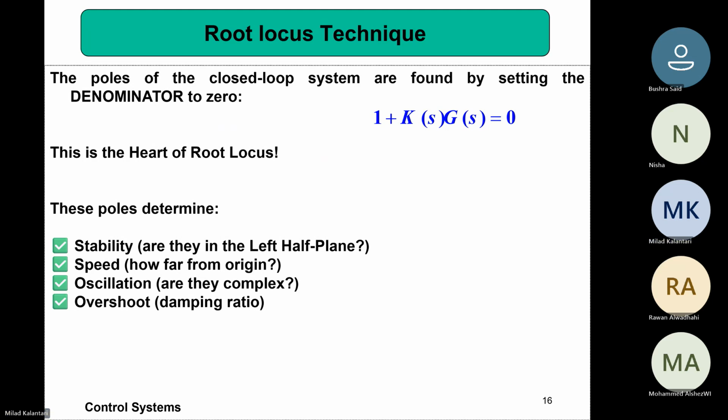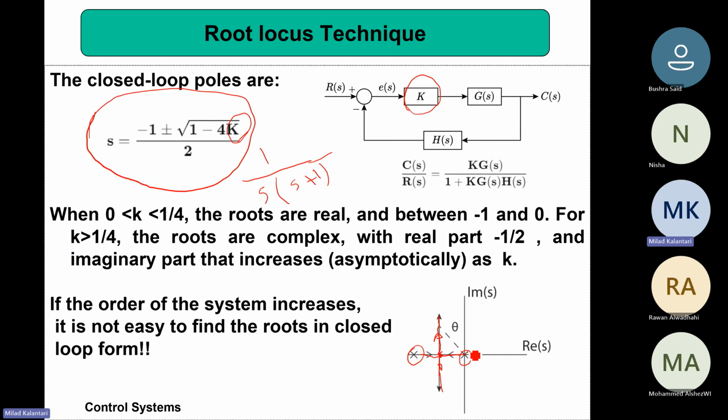Since we can know the location of the roots, then we can estimate how the stability of the system is, how the speed is, and if there is any oscillation or any overshoot, right? So let's say we start from the open loop. We know the poles are at these two initial locations, right?